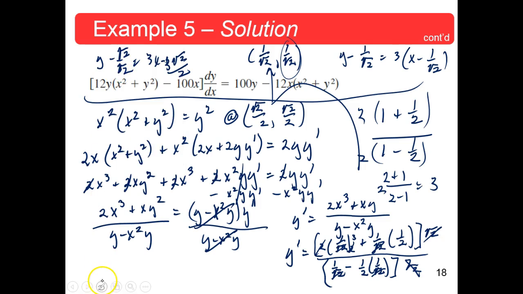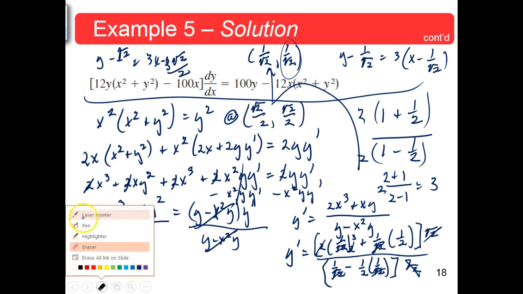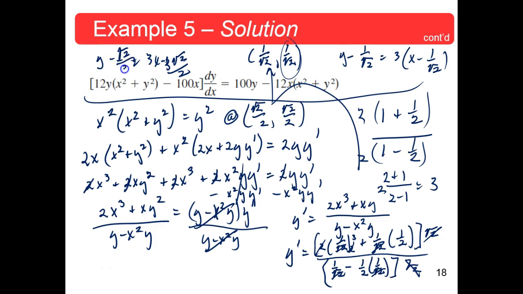Sorry, I'm changing in the middle of the stream here. And then what we're going to do is subtract root 2 over 2 from both sides. No, add root 2 over 2 to both sides.